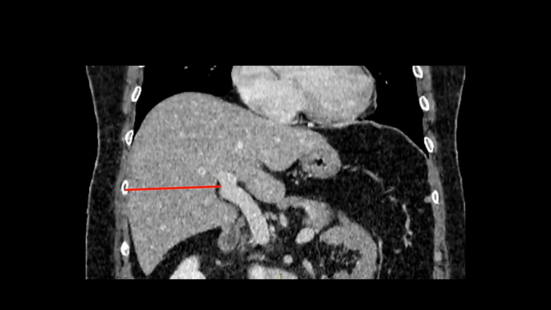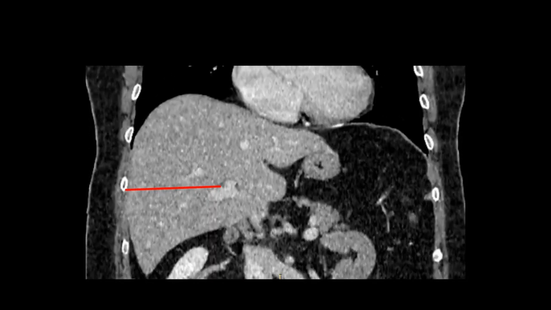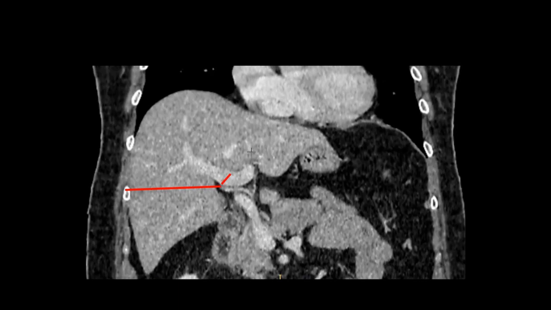This is your portal plane, and the vertical part of the left portal vein gives you the portal plane on the left side. So essentially this is your portal plane which divides the liver into segment 2 and segment 3.